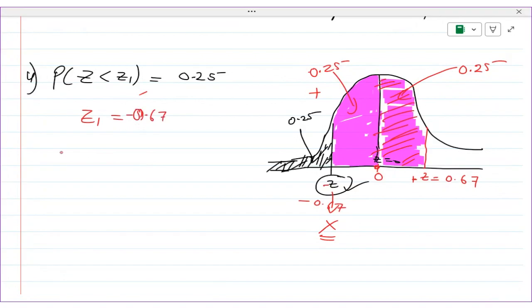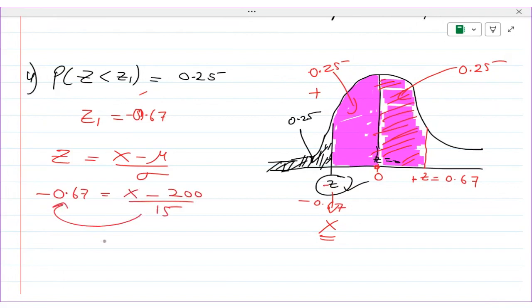The relation between z and x is z equals (x minus mu) upon sigma. Put z as minus 0.67, x we have to find, mu is 200, sigma is 15. So multiply: 15 into 0.67. Let me open the calculator.